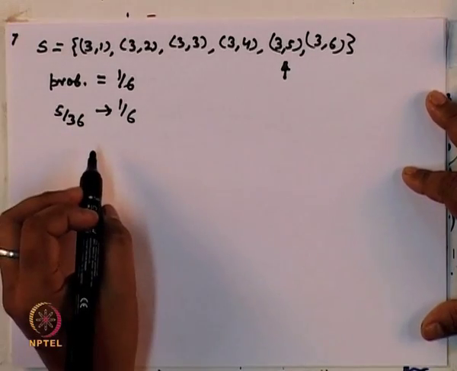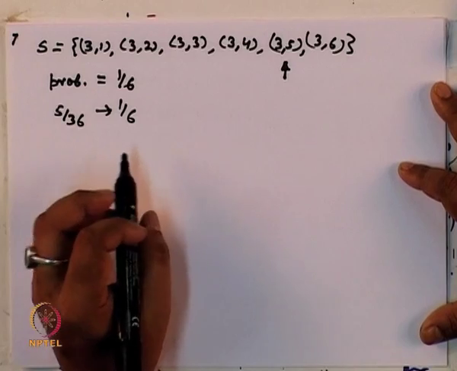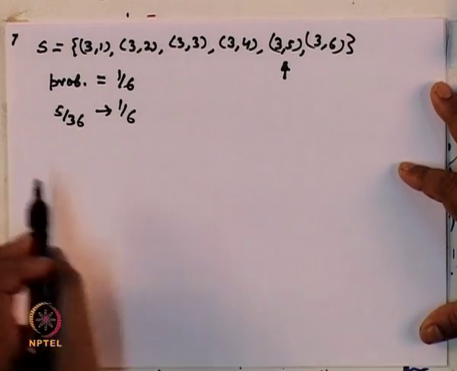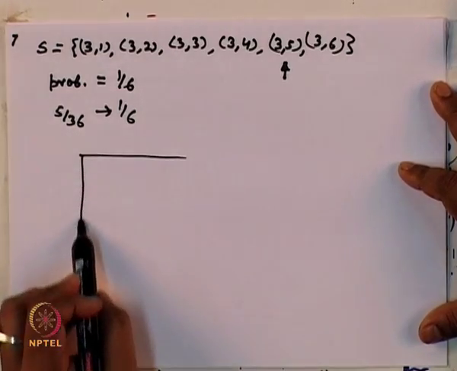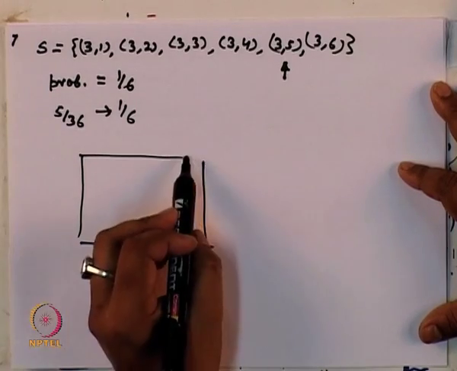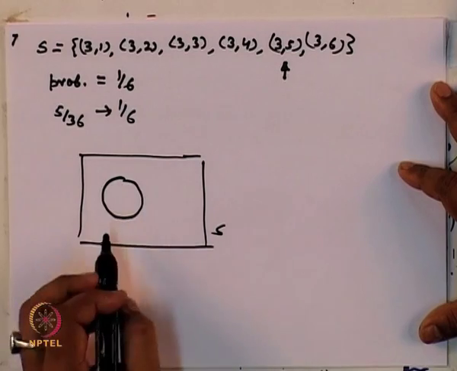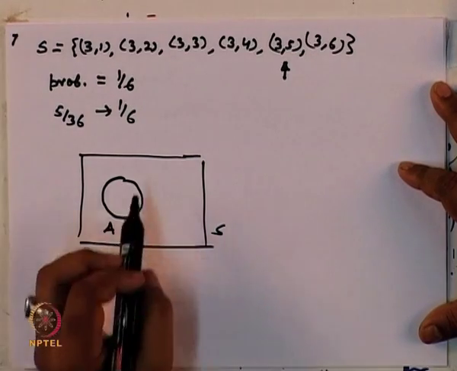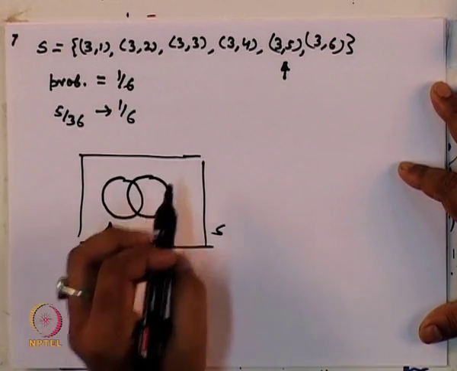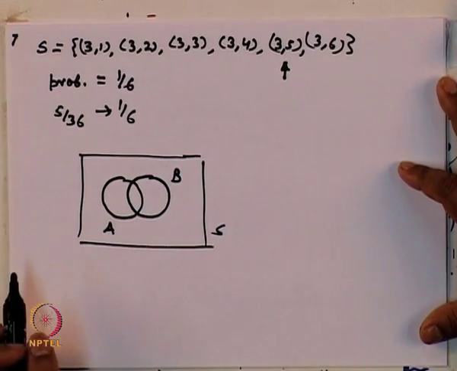Okay. So, when you represent this particular phenomenon in terms of a Venn diagram, imagine I have a particular sample space, this is my event A, and this is an event B. Okay.